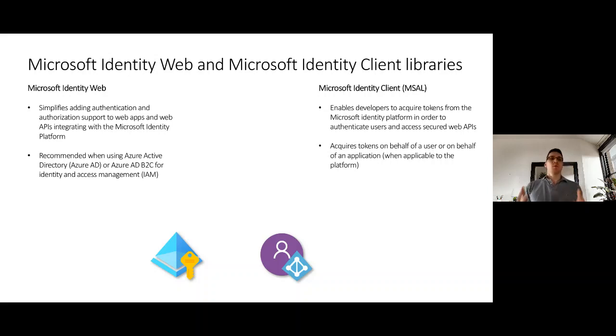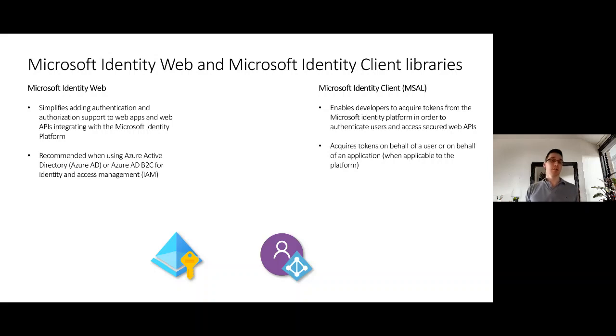So now, what is the difference and when to use what? Microsoft Identity Web simplifies adding authentication and authorization support to web applications and web APIs. What is really important to mention is that if you have a web application or a web API written in ASP.NET Core, for instance, Microsoft Identity Web is for you because you can easily integrate with Microsoft Identity Platform.